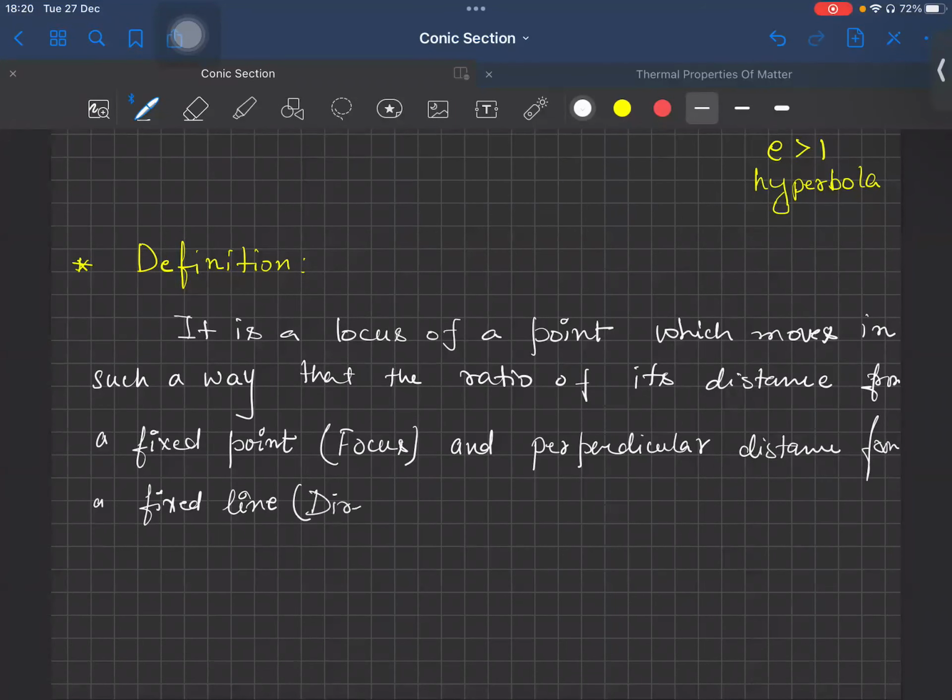Directrix. Fixed line is constant, and is constant, which is denoted by E, eccentricity, and less than 1.